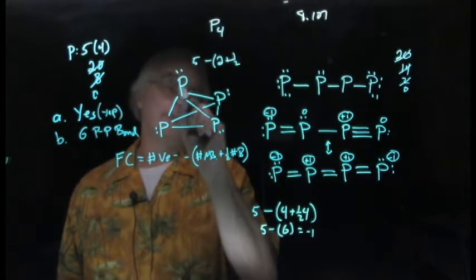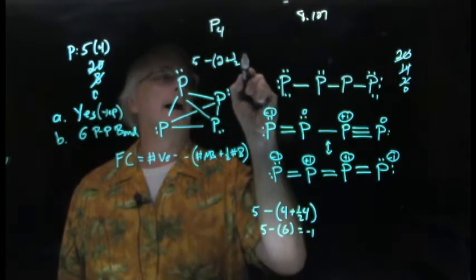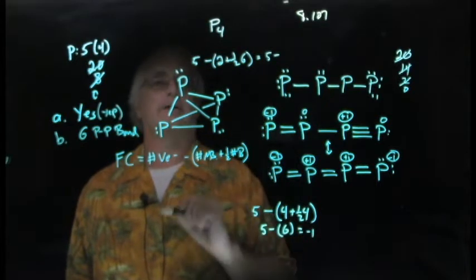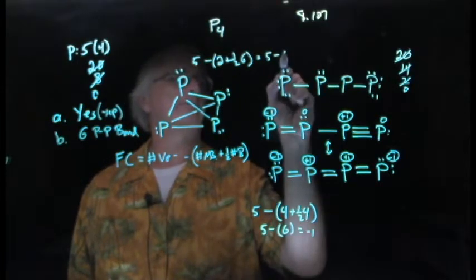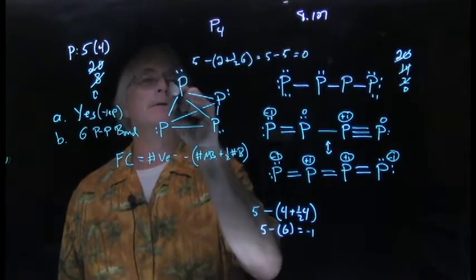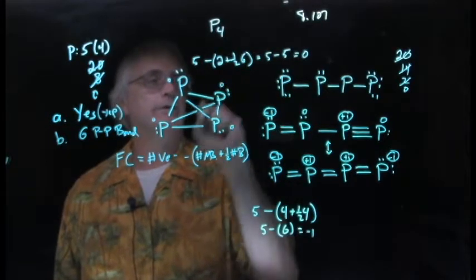We've got 3 bonds, so 1, 2, 3, 4, 5, 6 total bonded electrons. Which becomes 5 minus 2 plus half of 6 is 3, 2 plus 3 is 5, 5 minus 5 equals 0. So each atom in this particular molecule has a formal charge of 0.